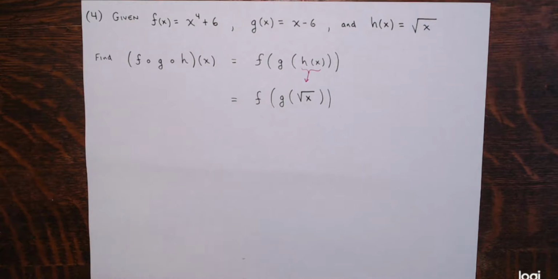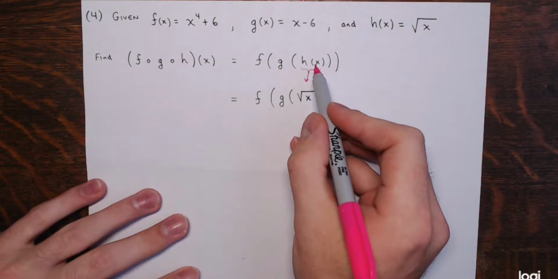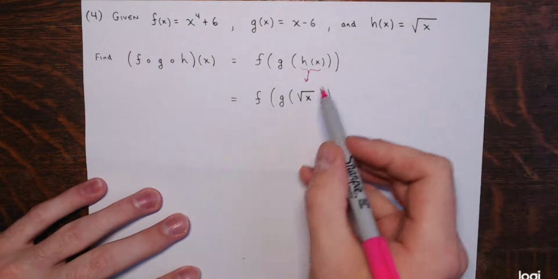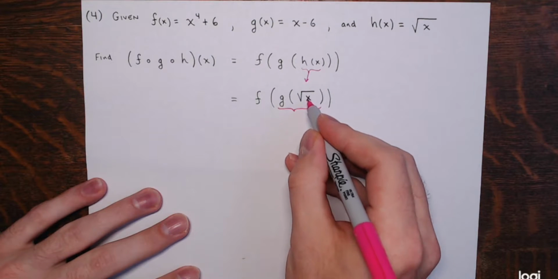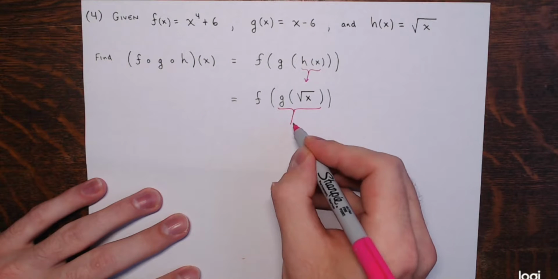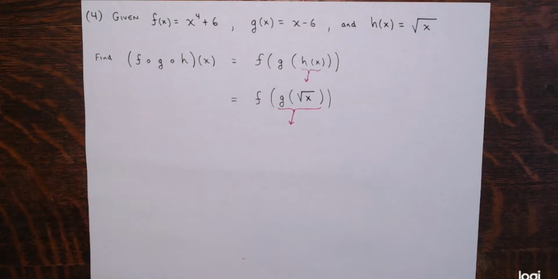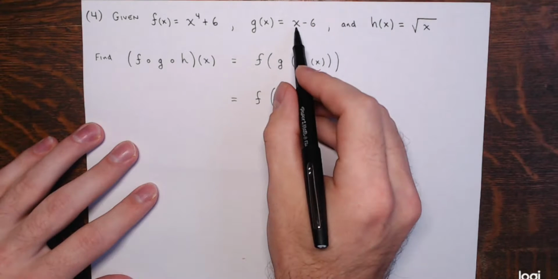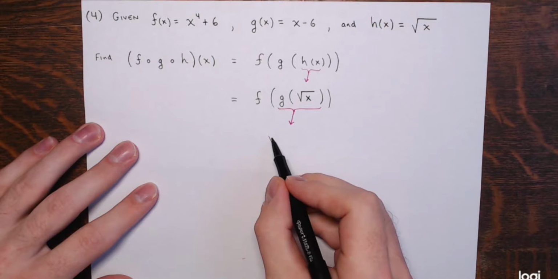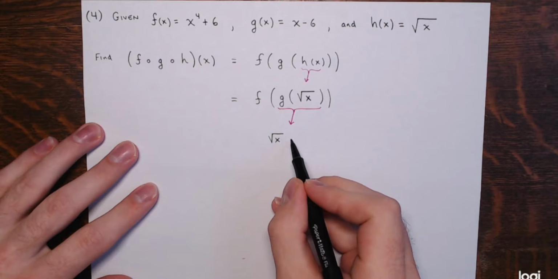Alright, so first I plugged x into h, giving me the square root of x. And then I plugged the square root of x into g. Now if we plug the square root of x into g, that would give me the square root of x minus 6, replacing x with the square root of x.